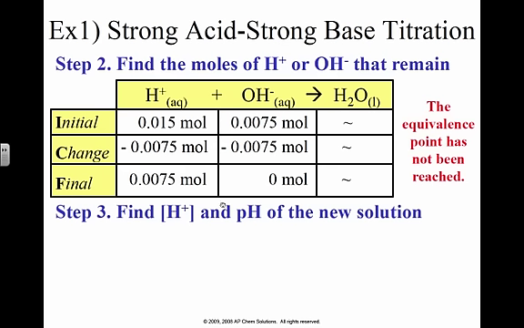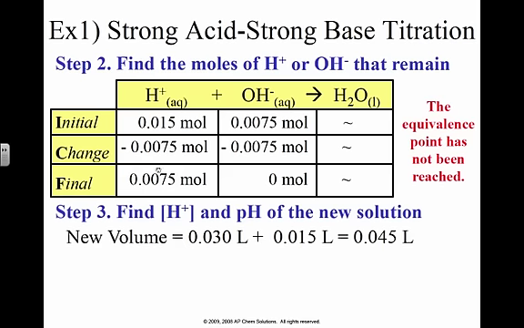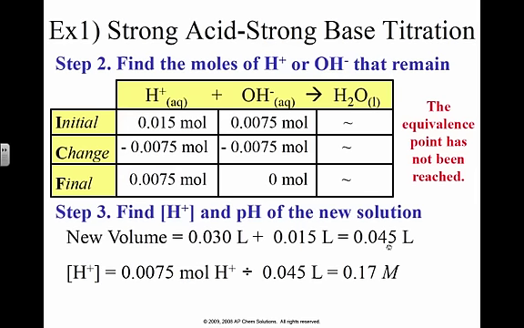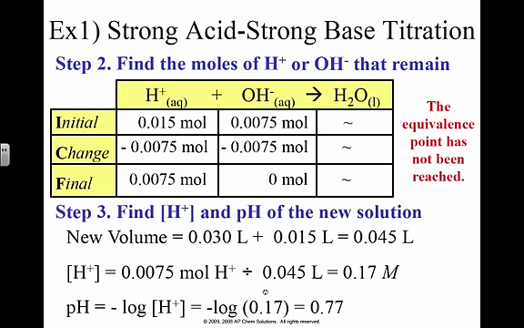Now I need to take this moles of acid and divide it by my new volume, because I had 30 mL and 15 mL, it's 45 mL, to get my new molarity: 0.0075 moles divided by 0.045 liters, 0.17. That's my molarity of H, so now I can press negative log, and the pH is 0.77.